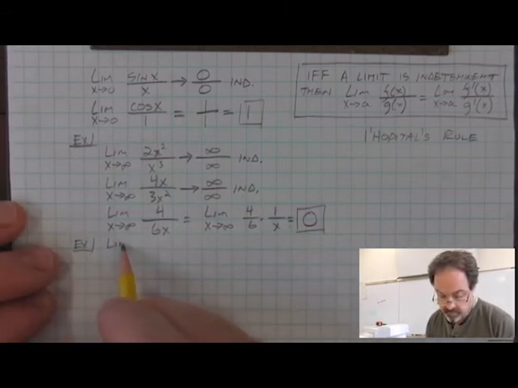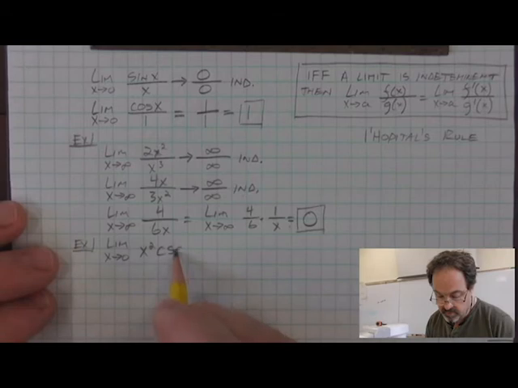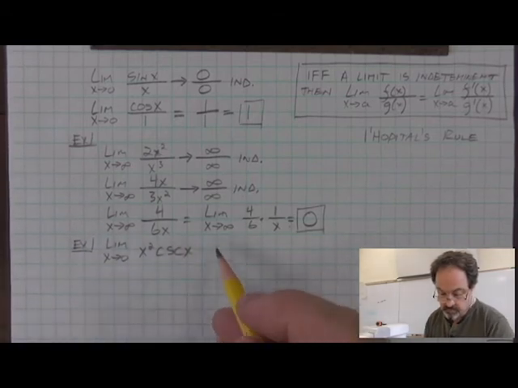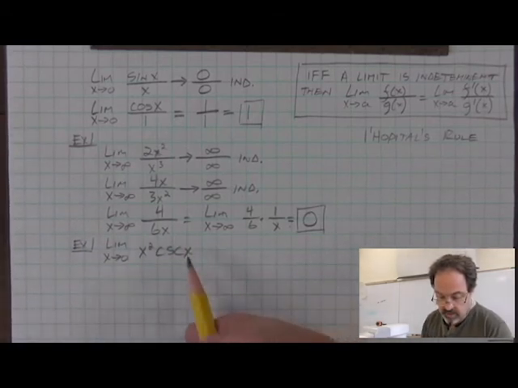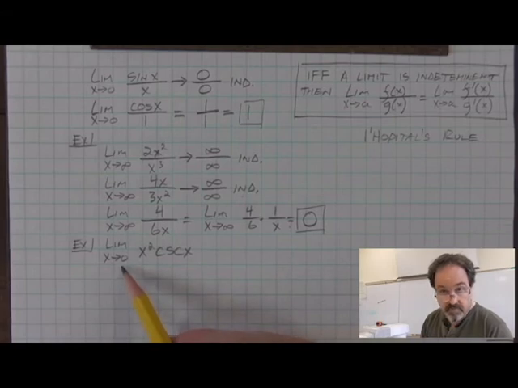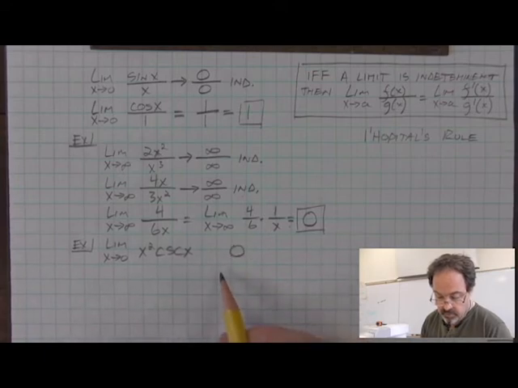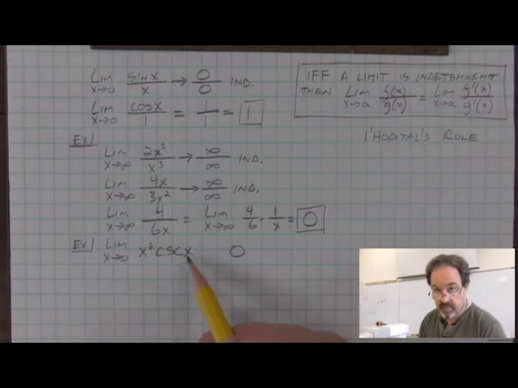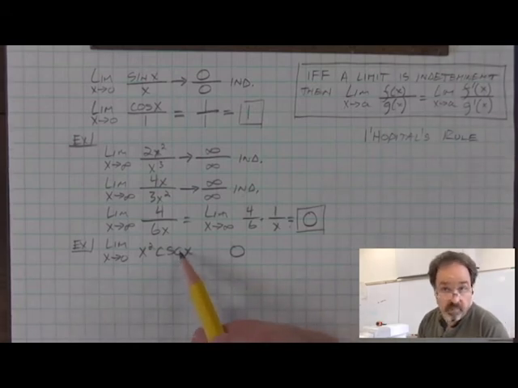What is the limit as x approaches 0 of x squared times the cosecant of x? If I attempt the limit, I'm going to substitute 0 in. 0 substituted into x squared is 0. The cosecant of 0 is the same thing. If we recall, cosecant is the reciprocal of sine.